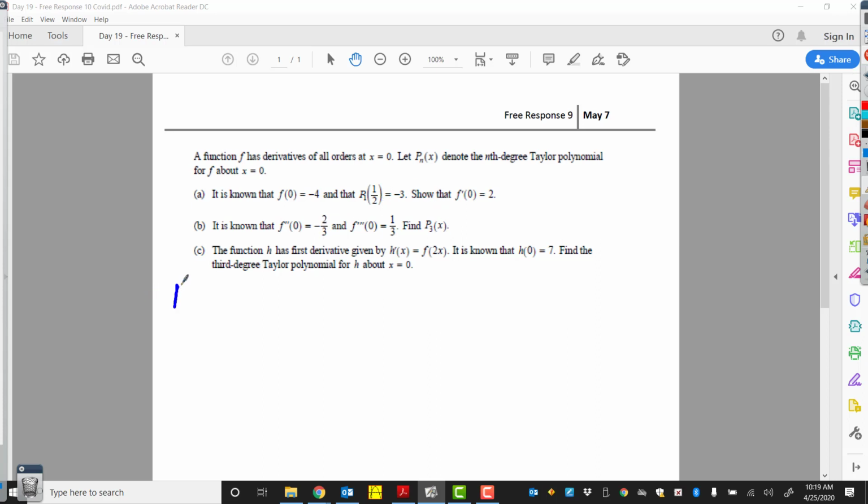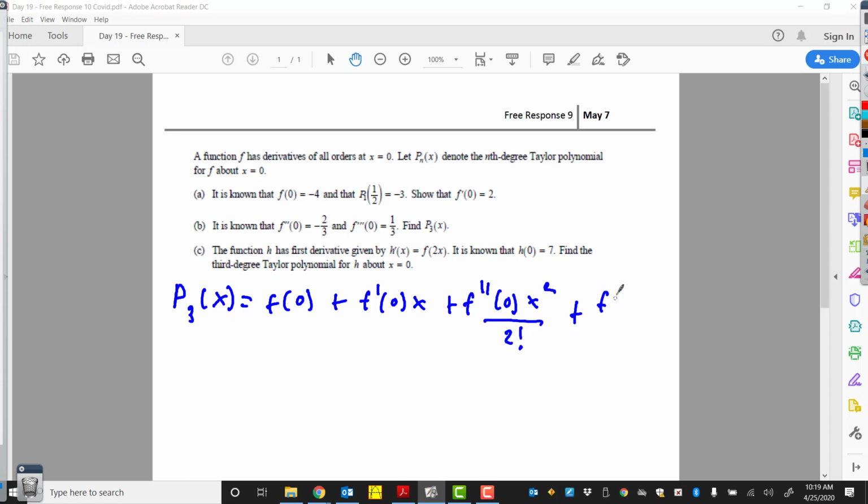Pretty simple. p3 of x is f of 0 plus f prime of 0 times x plus f double prime of 0 times x squared over 2 factorial plus f triple prime of 0 times x cubed over 3 factorial. That's the third degree Taylor polynomial, and now it just comes down to plugging everything in.